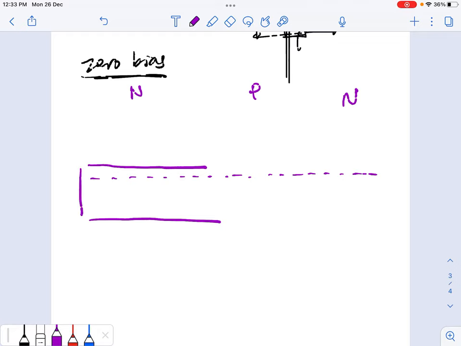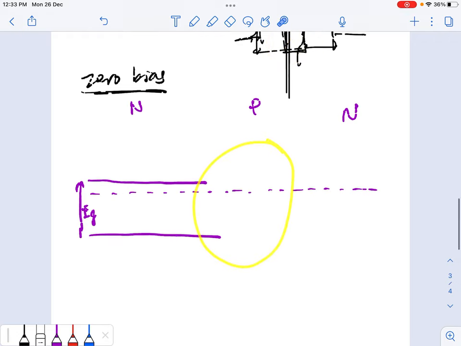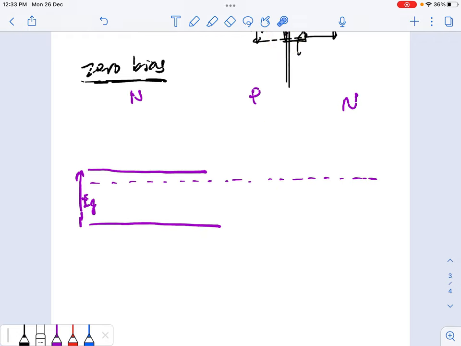And then the band gap. So this is the N. Then the next part is the P. So we have to draw the P over here. And we know that for the P, the Fermi level should be close to the valence band. So therefore we draw it like this.